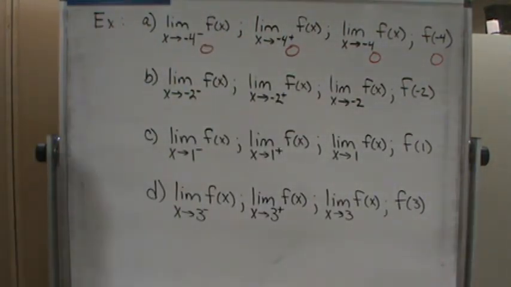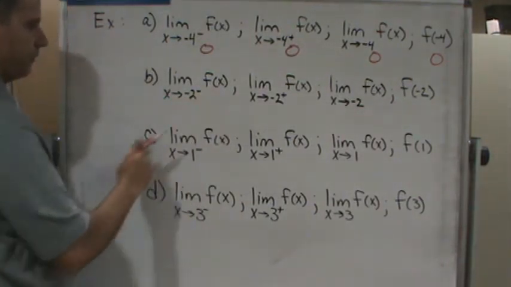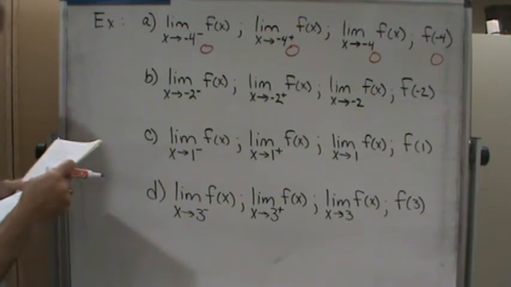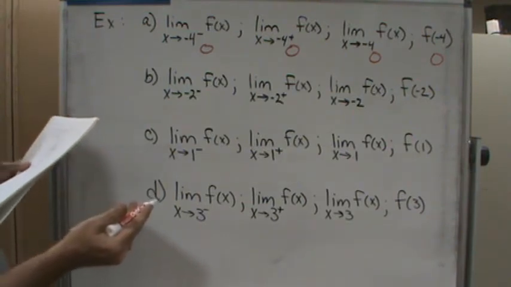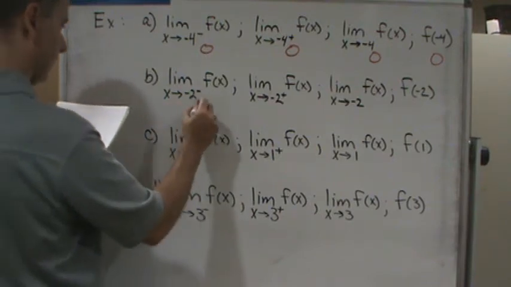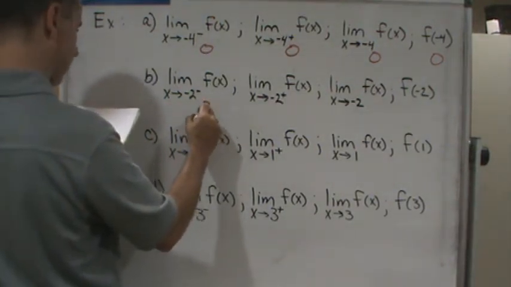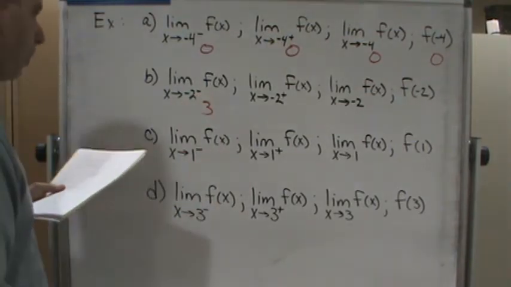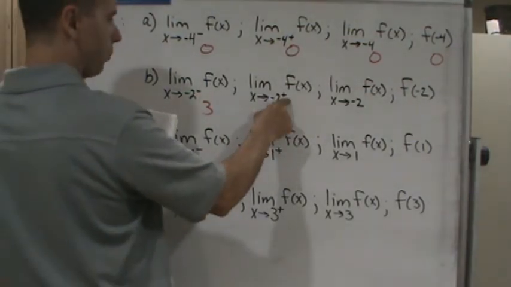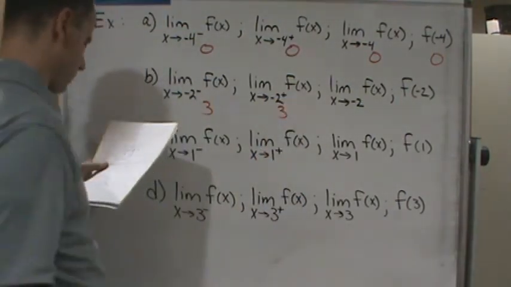Now let's do the limit of f of x as x approaches -2 from the left. So now I'm looking at the graph. We're approaching -2 from the left, and that tells me from looking at the graph, the limit is going to be 3. And if we approach -2 from the right, the limit of f of x is also 3.